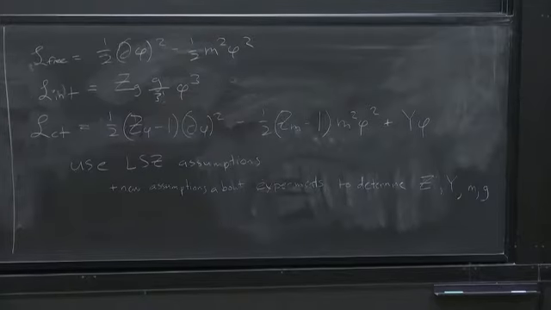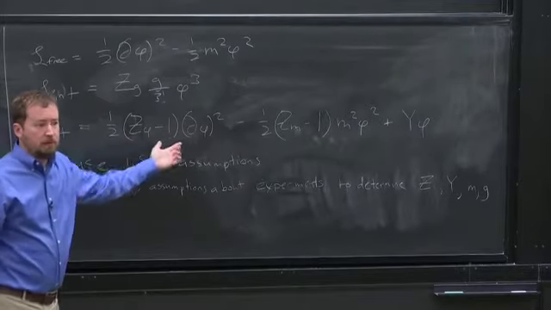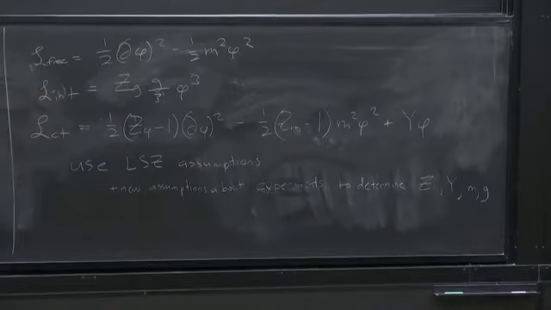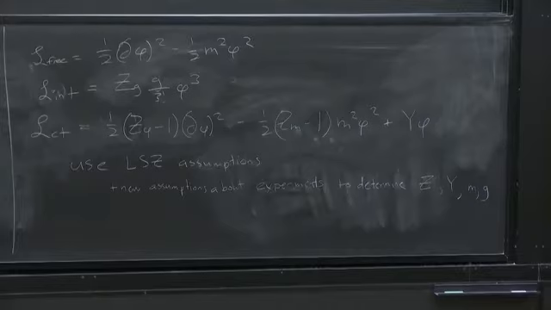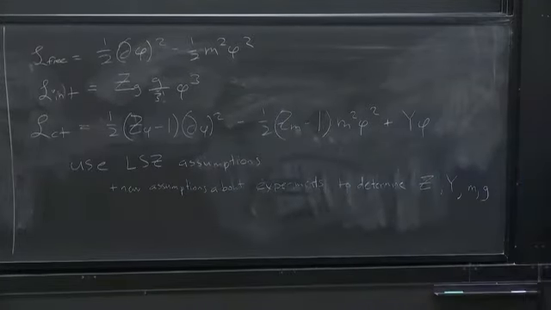That's what we want to do. And we have to do this. We can't make predictions if we don't do that. There's no a priori relationship between what I've written down here and an experiment. Okay, so that's where we're trying to go.